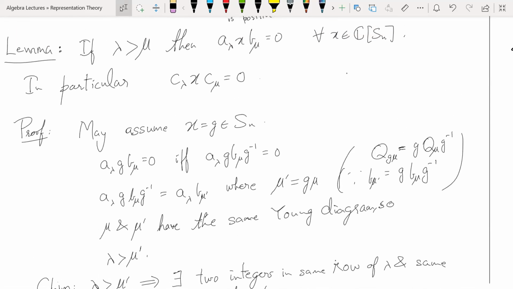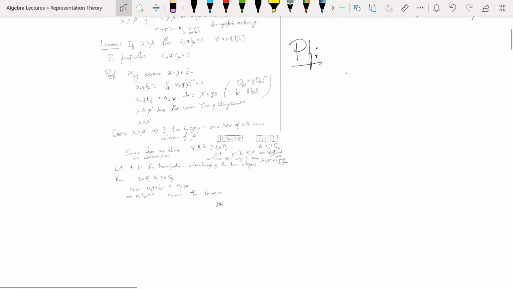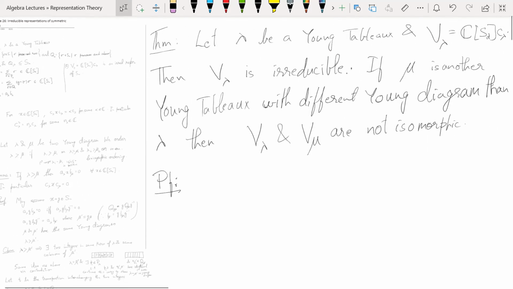So these are the two lemmas which we'll use to prove our result. Okay, so remember the statement: C lambda times C mu is 0 if lambda is greater than mu, and the other thing is C lambda squared is some n lambda times C lambda for some n lambda a complex number.